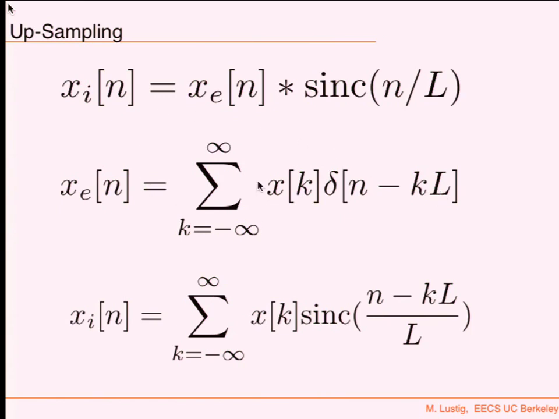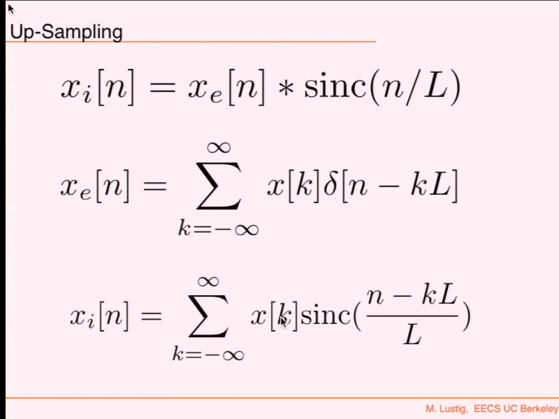If I perform this convolution, effectively I have sincs spaced L samples from each other that I evaluate at those points, where each of the sinc coefficients is the original signal. So shifted, scaled sincs evaluated at twice the rate.